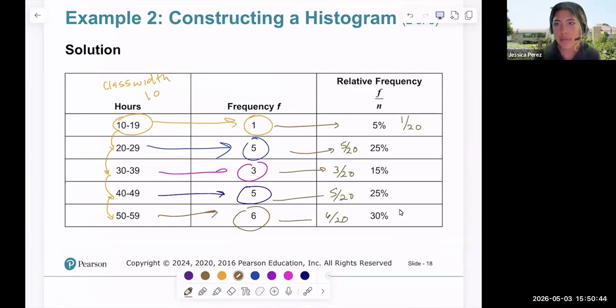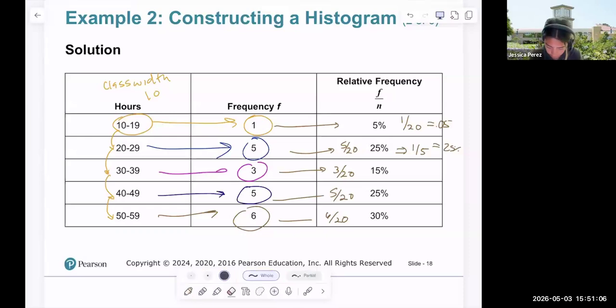And then we can calculate, well, what's 1 out of 20? If I plug in 1 out of 20, that's 0.05 or 5%. So 5 out of 20 is 1/5 or 25%, right? So 25% or 5 out of 20. I'm sorry, that should be 1/4, which is 0.25.